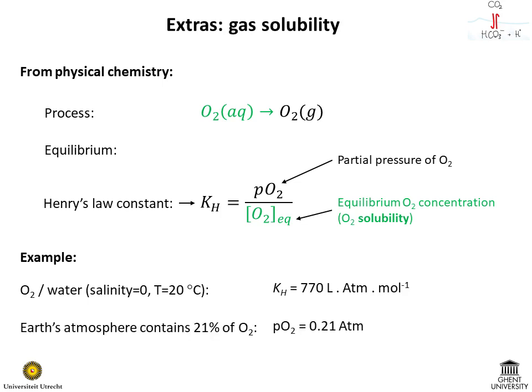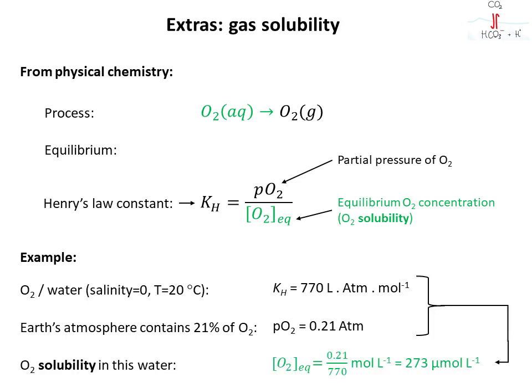Because Earth's atmosphere contains about 21% of oxygen, the partial pressure of oxygen at sea level is about 0.21 atmosphere. Therefore, using the above formula, we calculate the solubility of oxygen in water at these conditions to be around 273 micromoles per liter.